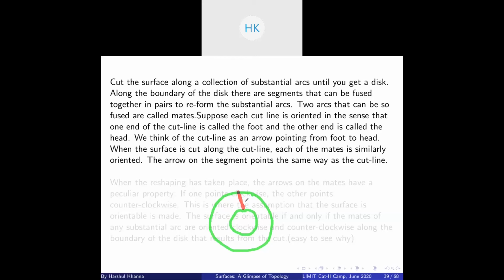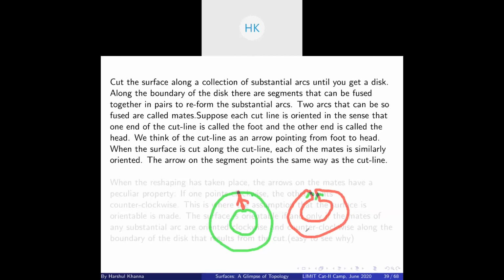Now what we will do is glue it later on. So right now we will give it an orientation. So suppose I give it this orientation. So my surface now becomes this, so this is my new surface.